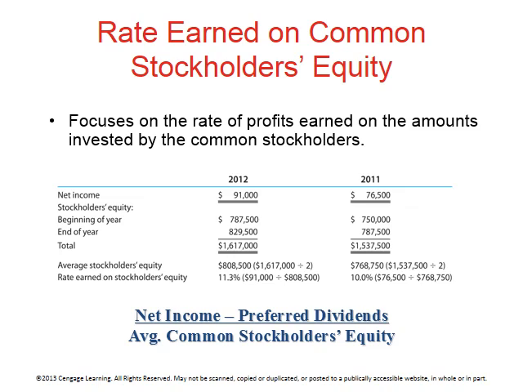So our common stockholders' equity beginning plus ending year gets us 1,617,000 divided by 2 gets us our average stockholders' equity. So if we take our $91,000 net income divided by our average stockholders' equity of $808,500, we get an 11.3% average earned on common stockholders' equity.